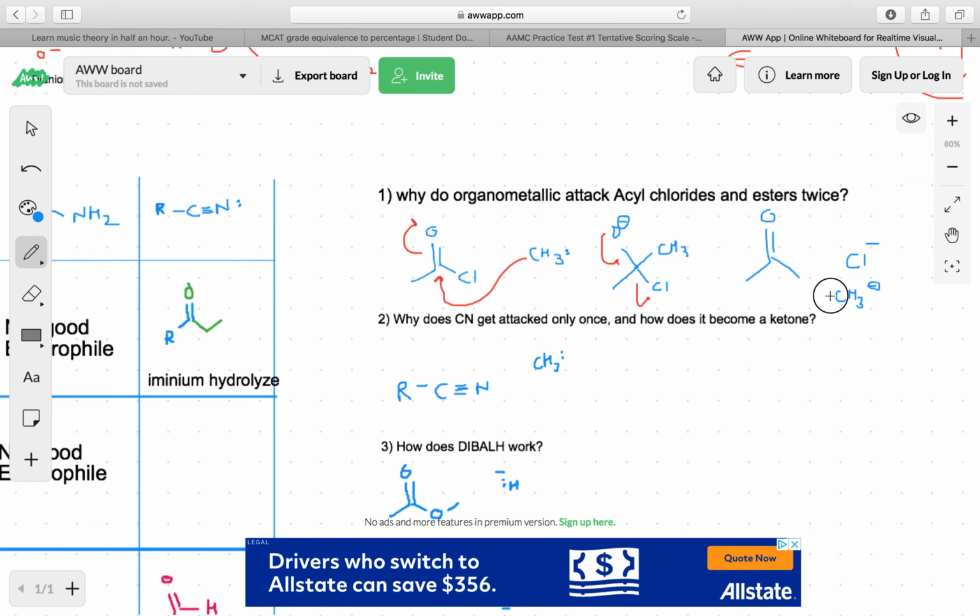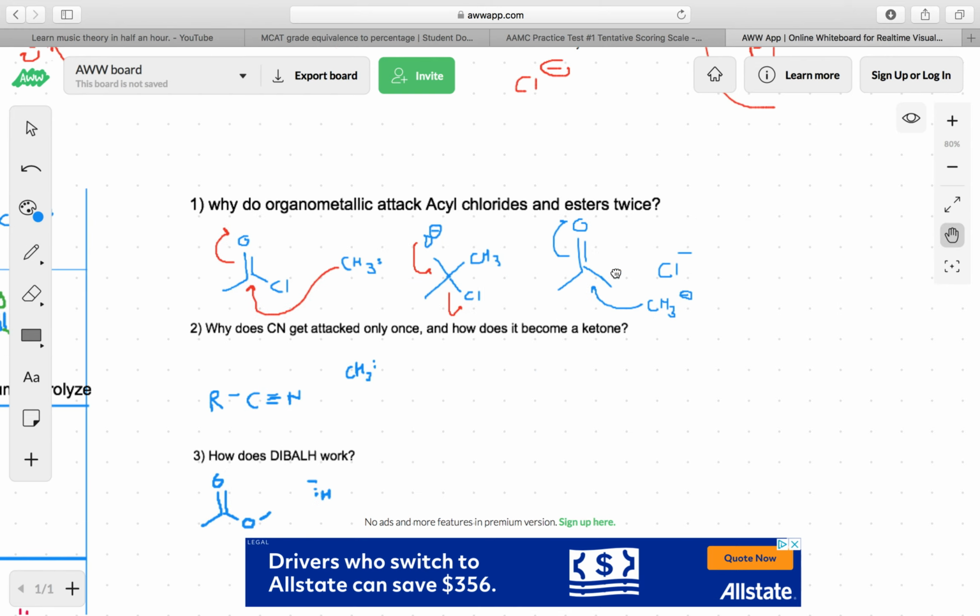The answer is yes, because you still have a ketone. So it's going to attack it. But now, when you form our tetrahedral intermediate, it's going to look like this. O-, CH3 we just added on, and another CH3. There's nothing to kick off. If you kick one of these off, you're going to form CH3-, a very good base.